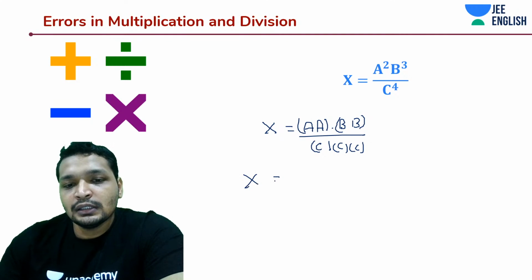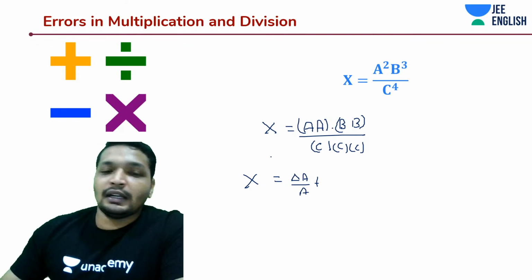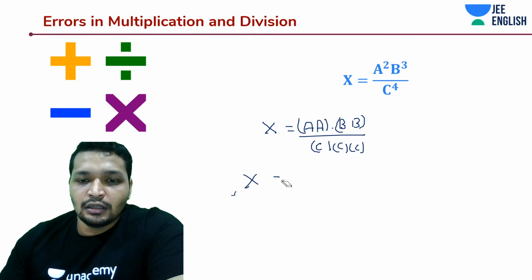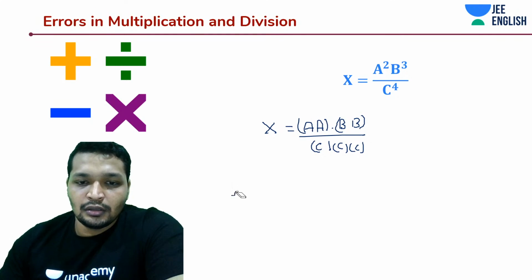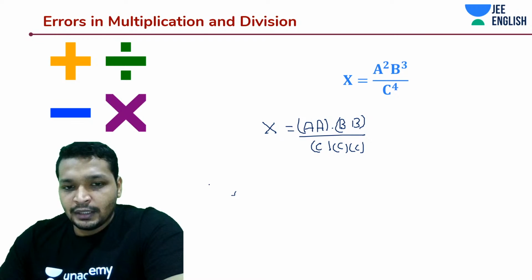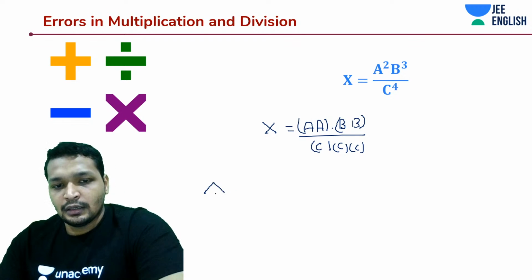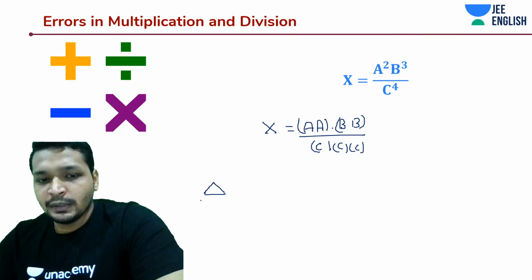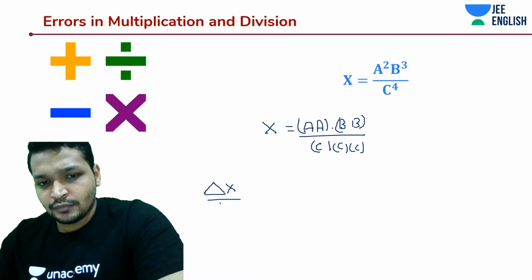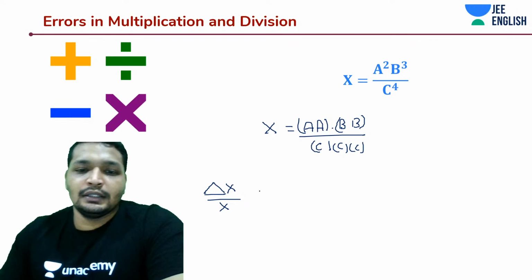Now, what is this? Delta a by a plus of, let's take some space and write it down a little slowly. We'll understand this. Hope this is visible.